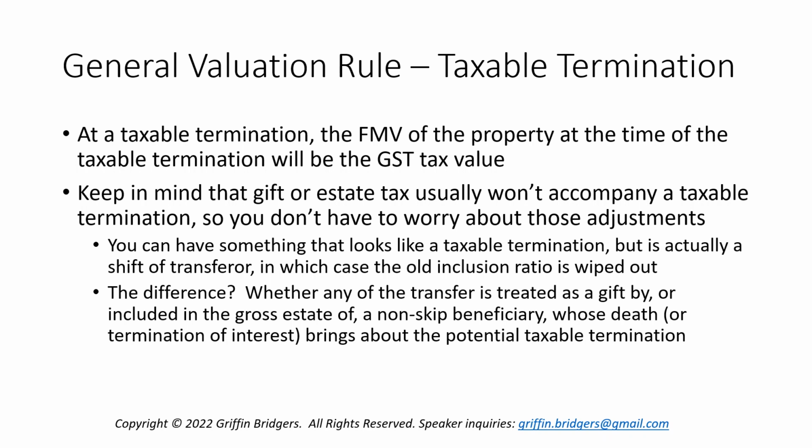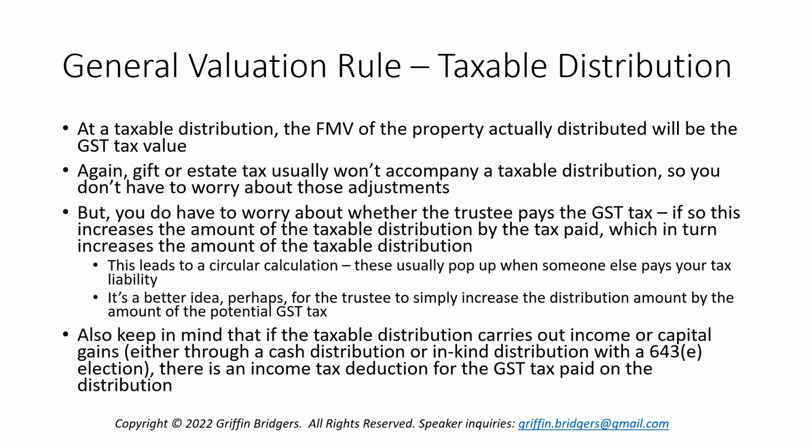So in that case, if the transferor doesn't shift, you have a taxable termination. You have to get the fair market value of the property at the time for that taxable termination. If the transferor does shift, then really you have the equivalent of a brand new direct or indirect skip, which is subject to the prior rules, now with respect to the new transferor instead of the old transferor.